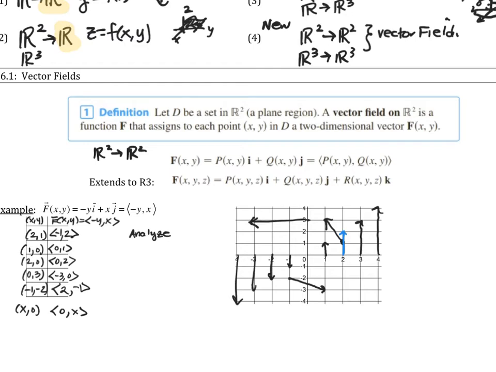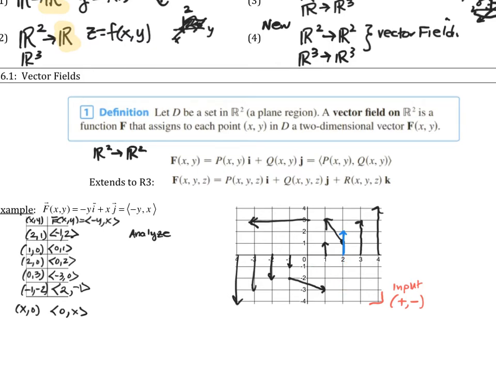Another analysis that I sometimes see is something like this, and you'll see this more as we go on. If I looked at anything in this quadrant here, the x component, the inputs, would have a positive x and a negative y. In that fourth quadrant, all these points have a positive x, negative y.